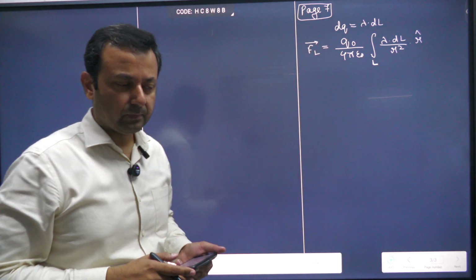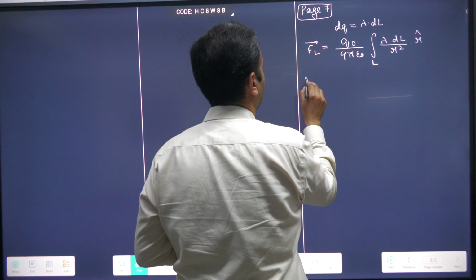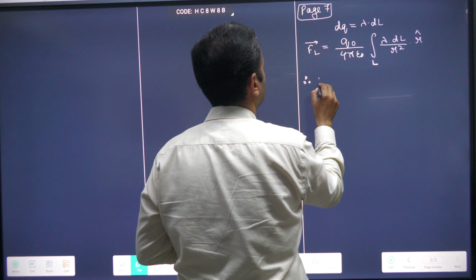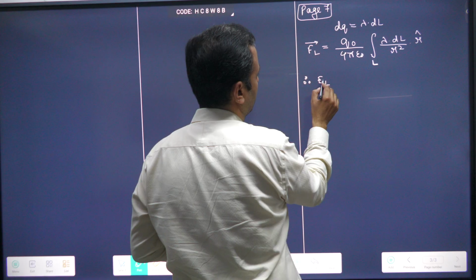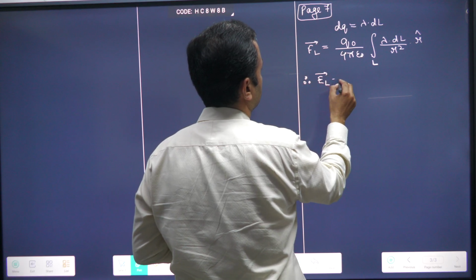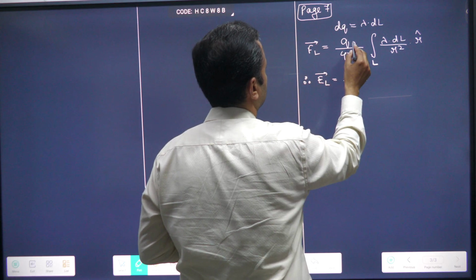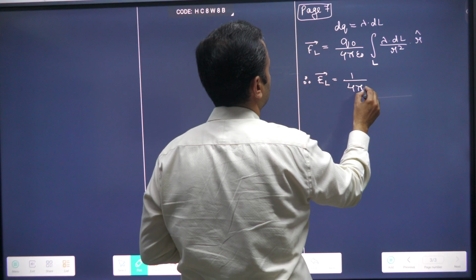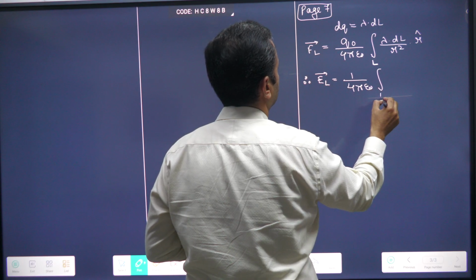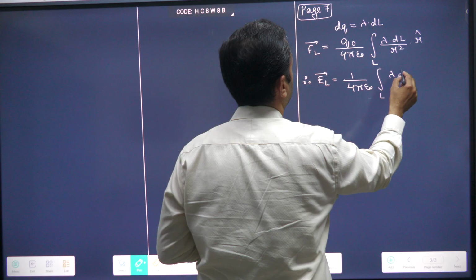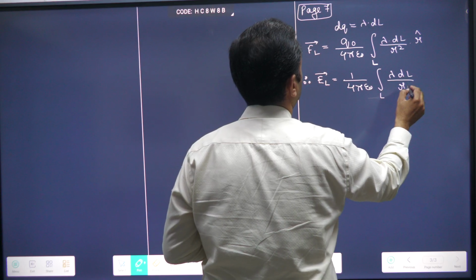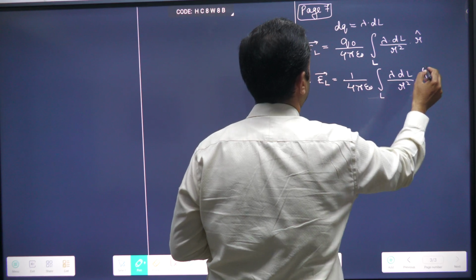Therefore, the electric field due to line charge, E_L vector, is equal to, this q naught will get removed, 1 upon 4 pi epsilon naught line integral lambda dl upon r square r cap.